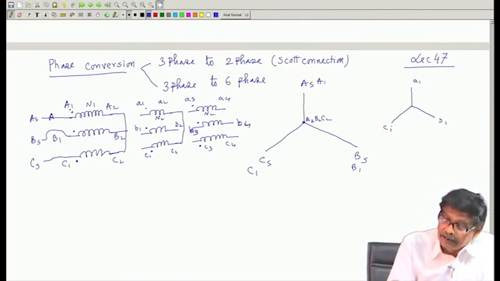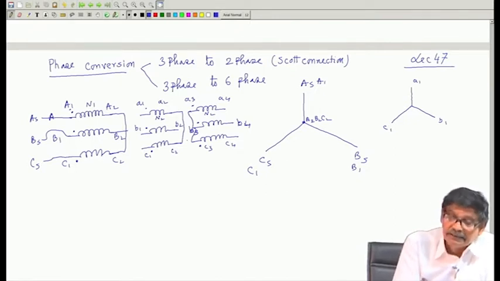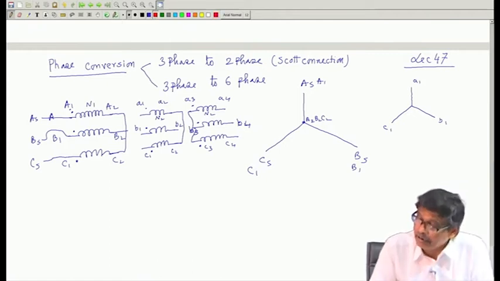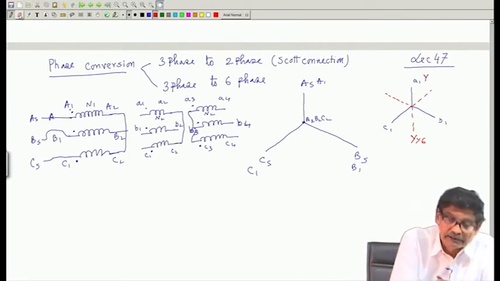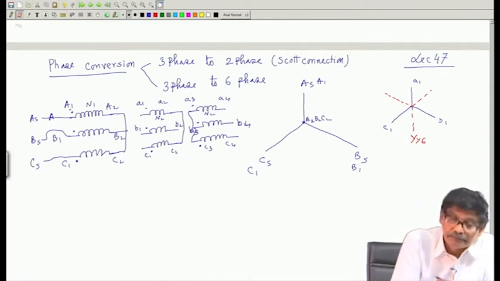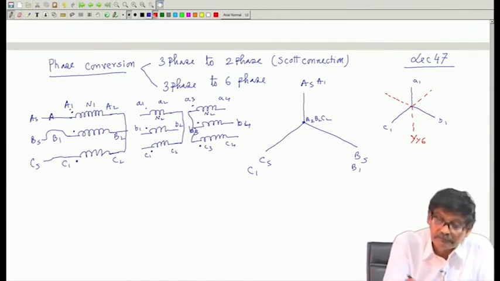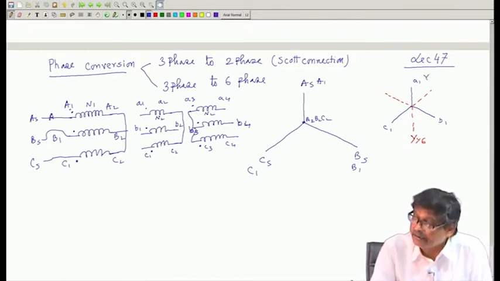The other group you also connect in star, but this time join the dot terminals A3, B3, C3, then its phasor diagram will come out to be this one, Y by 6. This is Y by 0.